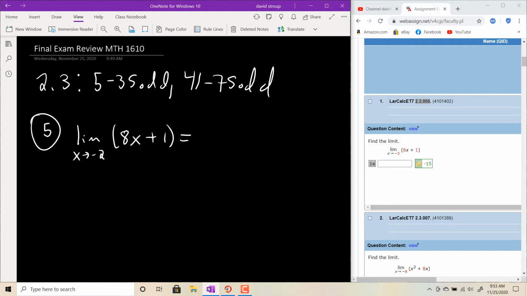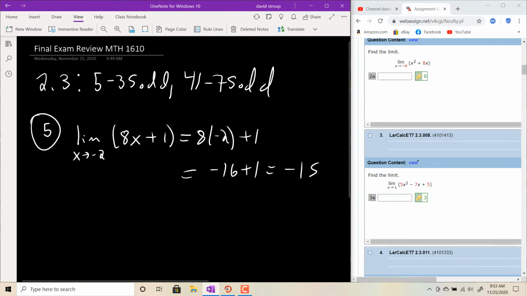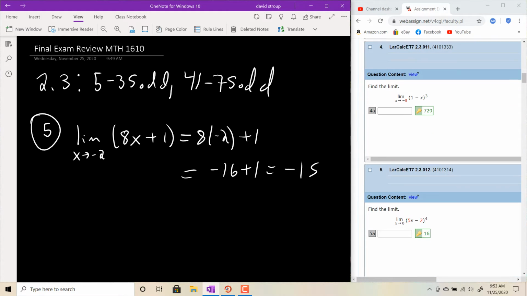So something like y equals 8x plus 1 is continuous because you could do a substitution on the limit, plus 1, and evaluate the limit. And the limit will equal f of negative 2. So here is negative 16 plus 1, which is negative 15.